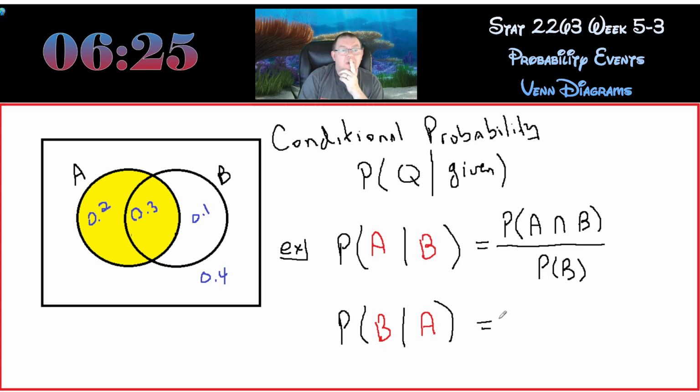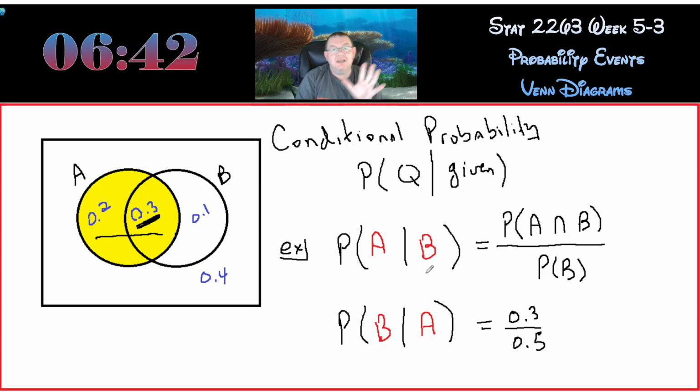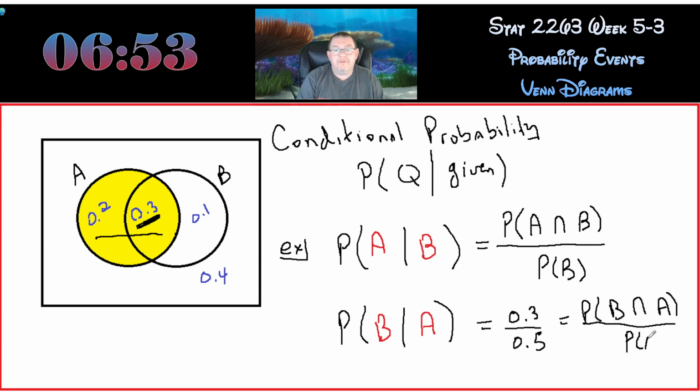So because I know A is going to happen, do you see that what I want is, I'm asking B is this number, so 0.3 divided by the total here, which is 0.5. And it really is the same formula, it's just that the letters are reversed. So this is P of B intersect A divided by the probability of A.